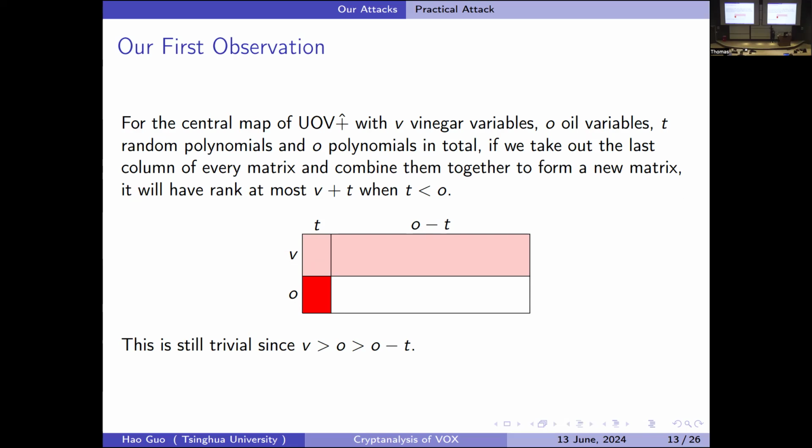The first part is the upper right part, which contributes a rank of V, and the bottom left part, which contributes a rank of O or T, whichever is smaller. And in the case of VOX here, since V is larger than O minus T, this matrix will have rank at most V plus T, and this is also trivial.